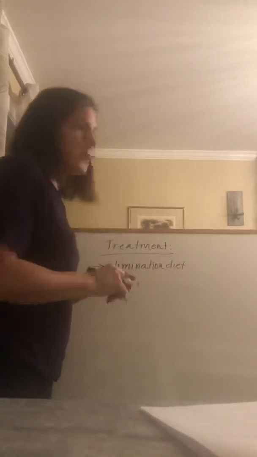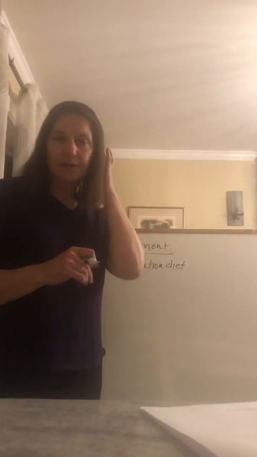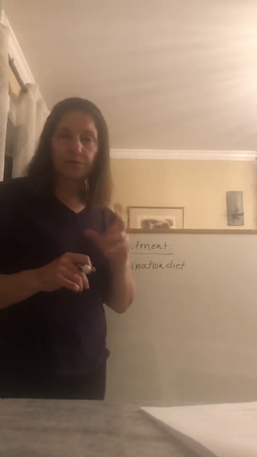Treatment. All right, so to treat it, we have a couple of options. You can do an elimination diet, which, if you're an individual who's had some experience with food allergies, is often done to identify what their allergic or inflammatory trigger is.